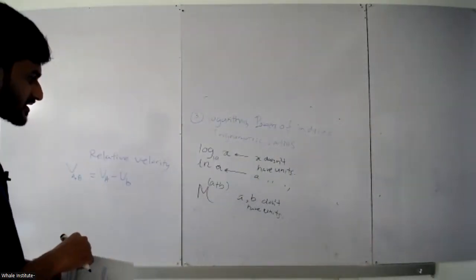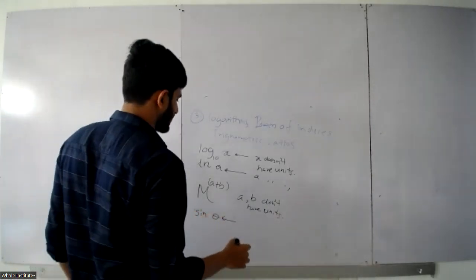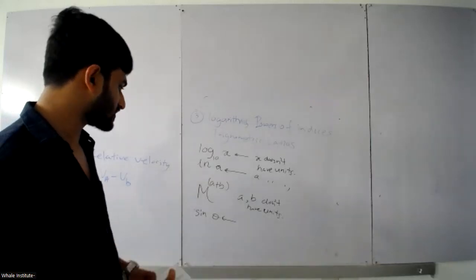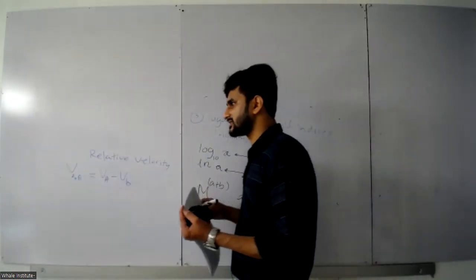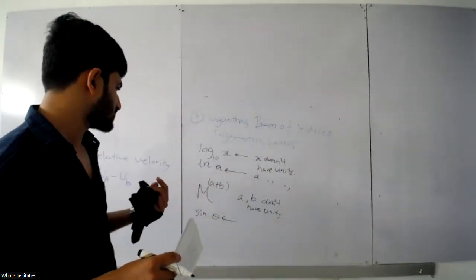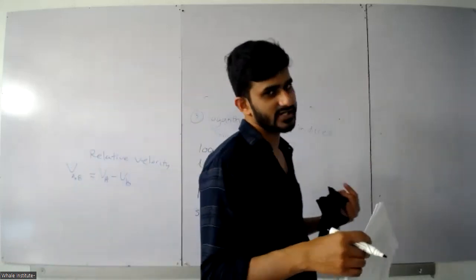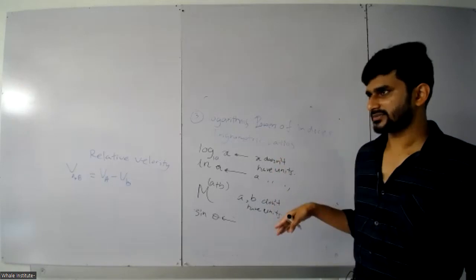And trigonometric ratios, for sine theta. Here theta is the angle. Theta is an angle, but you can measure angles using degrees and radians. If it's a solid angle, you can measure it using steradians, but that's not base units.